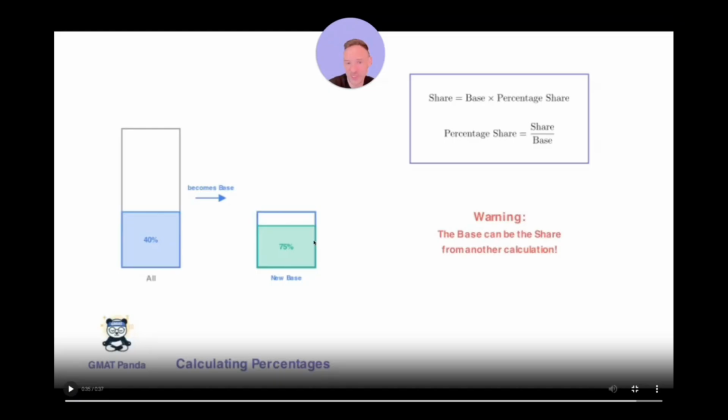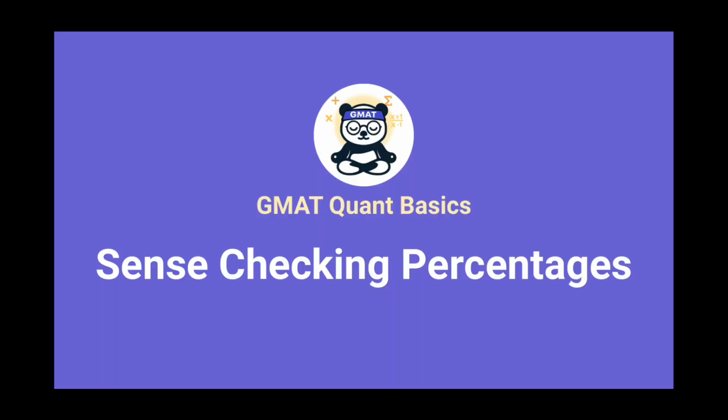But what we would do here is calculate 75% of 40%. So we would have the percentage share, which is a percentage, and the base, which is also a percentage, and we would get the share, which in this case would be 30%. All right? So in this case, all three have a percentage at the end, so you can't just rely on the unit to identify what is what.